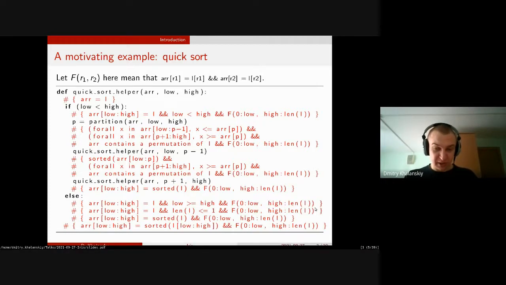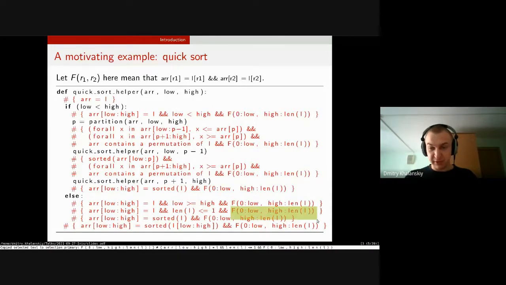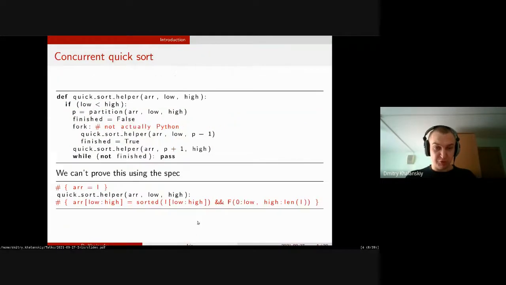Separation logic allows us to get rid of this ugly statement that propagates through the whole proof. But separation logic has another important property besides allowing us to get rid of this thing.